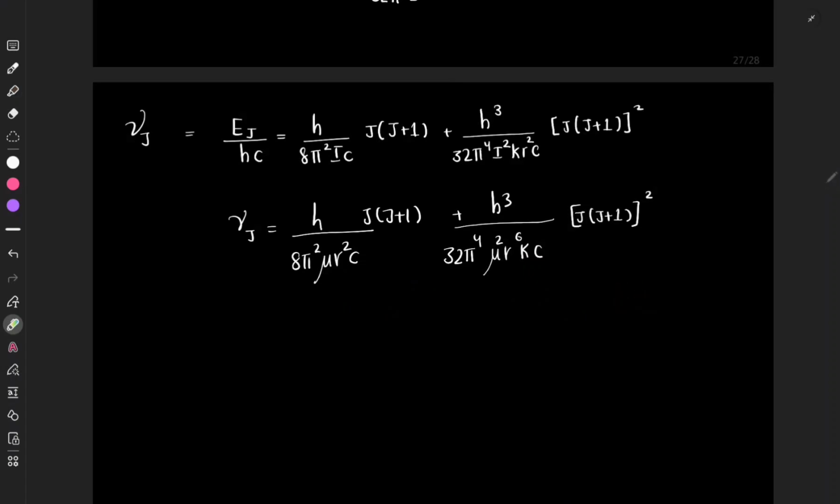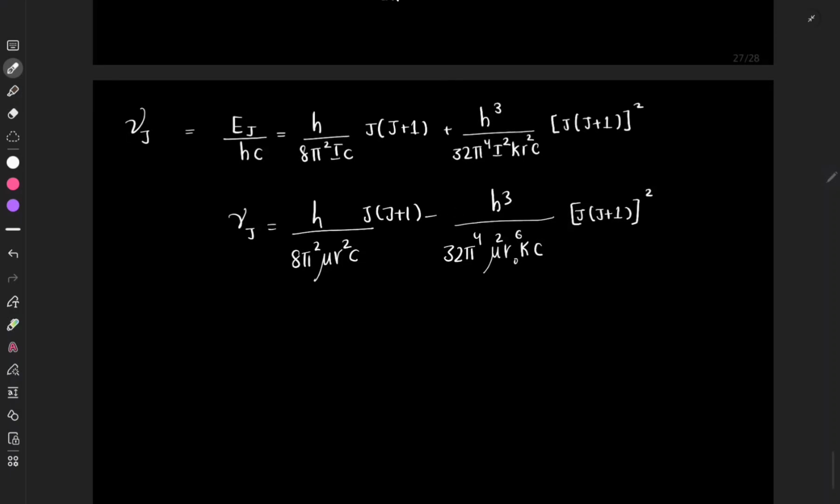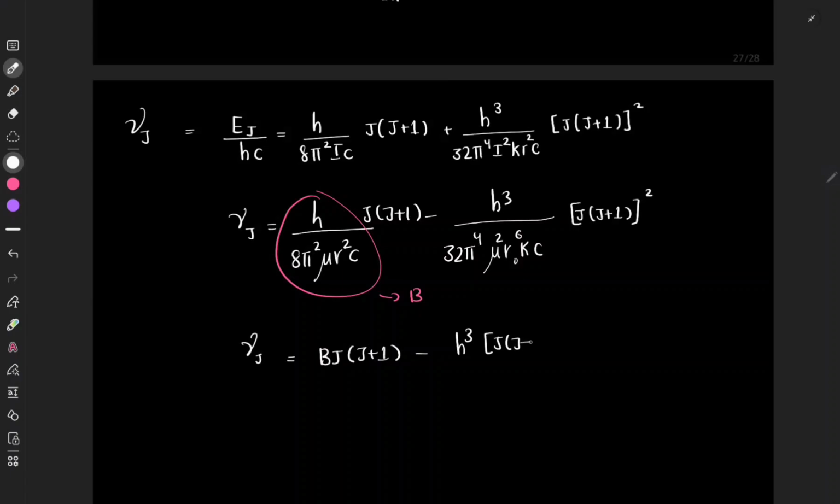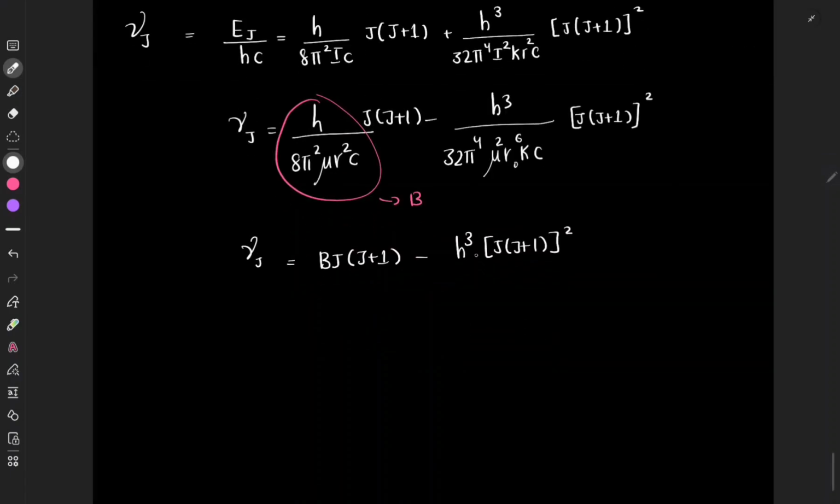So the equation changes to r naught power 6, and there's a minus here. This term over here is nothing but B. So I can rewrite this equation as B j into j plus 1 minus h cube j into j plus 1 the whole square divided by 32 pi raised to 4 mu square r naught raised to 6 k c.